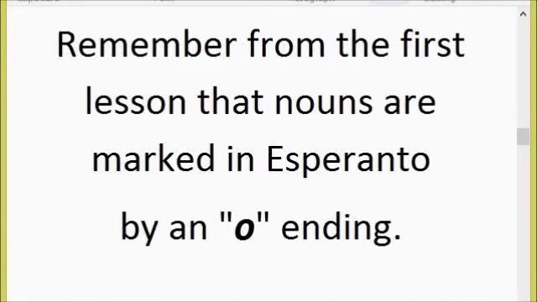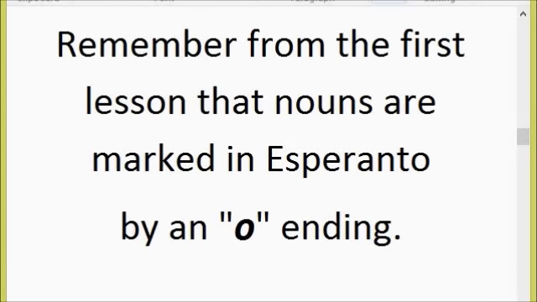Remember from the first lesson that nouns are marked in Esperanto by an O ending. Now again, in Esperanto, the same letter is always pronounced the same way. You may have a particular accent that causes you to pronounce it differently than another person, but just be consistent and they'll figure it out.